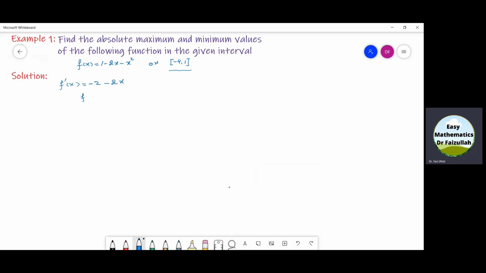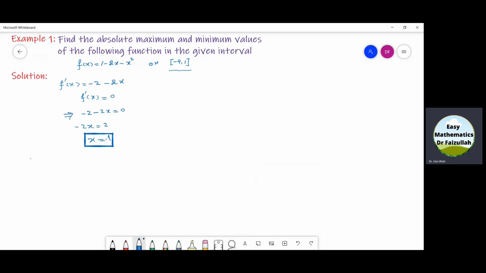To find the critical points, we put f dash of x equal to 0. And from here we get -2 minus 2x is equal to 0, which gives -2x is equal to 2. And we have only one critical point, which is -1.